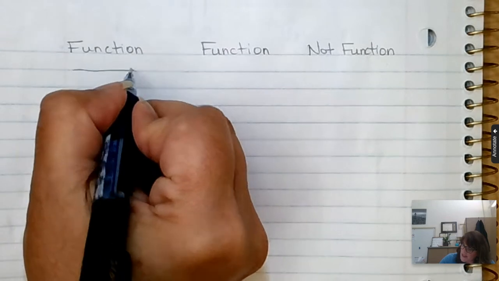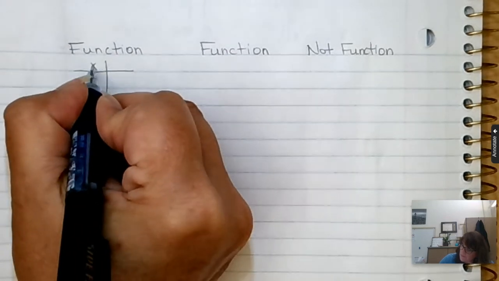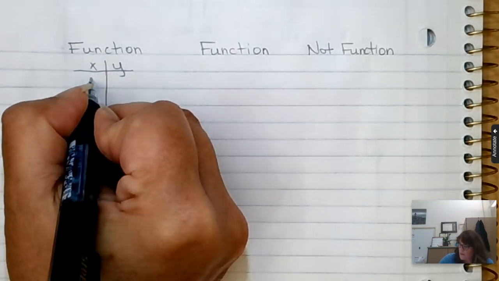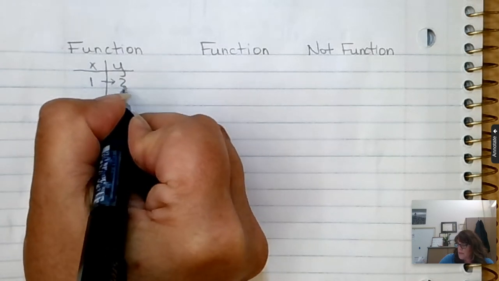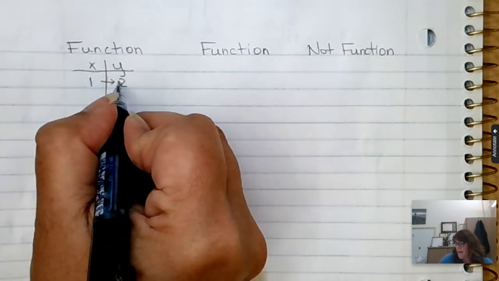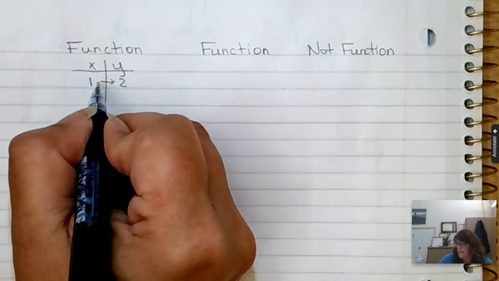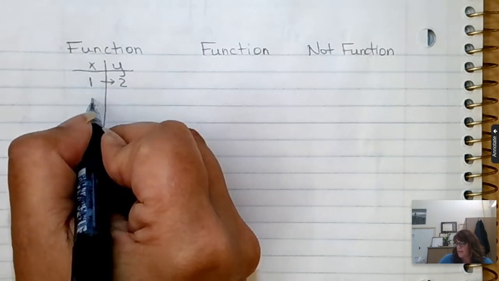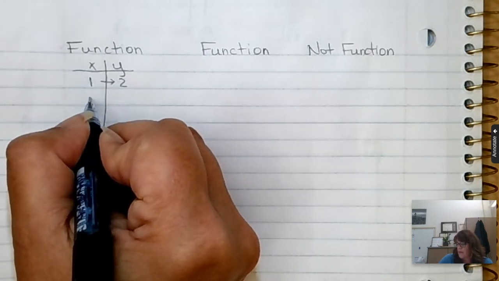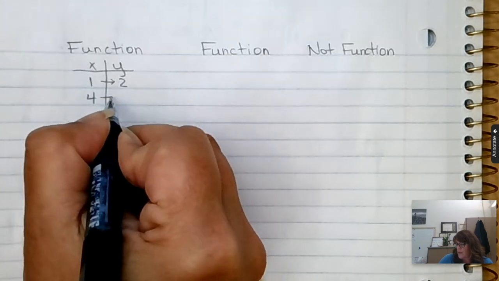So if in my table, 1 turns into 2, and this could be a mapping diagram where I'm drawing that the input goes to the output. 4.